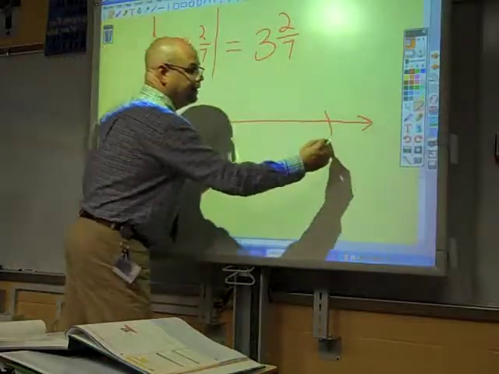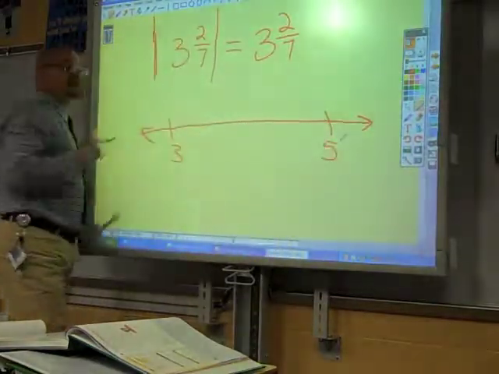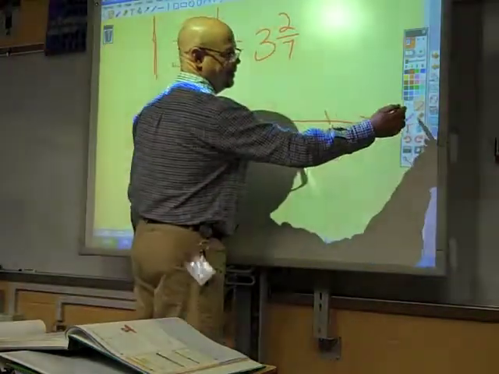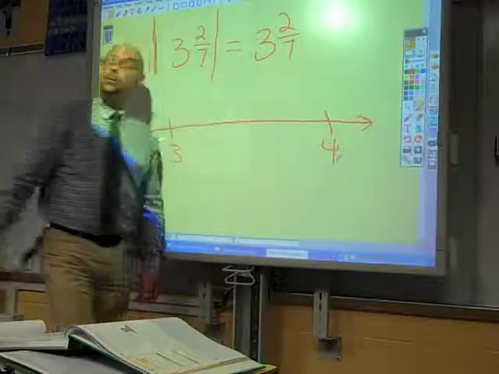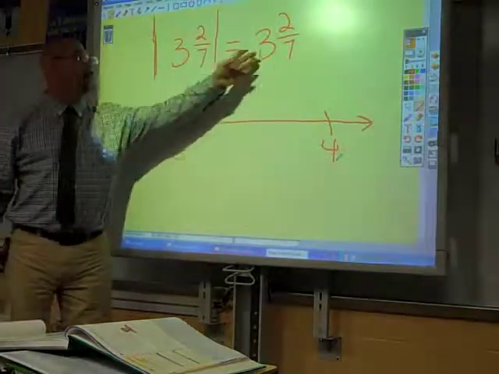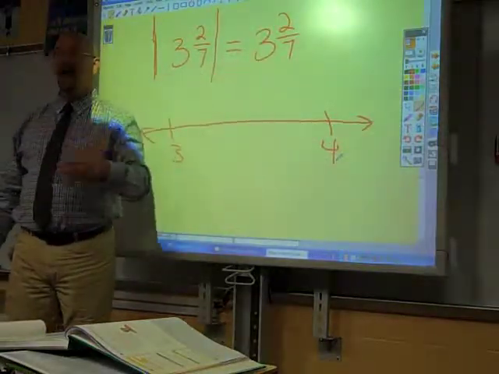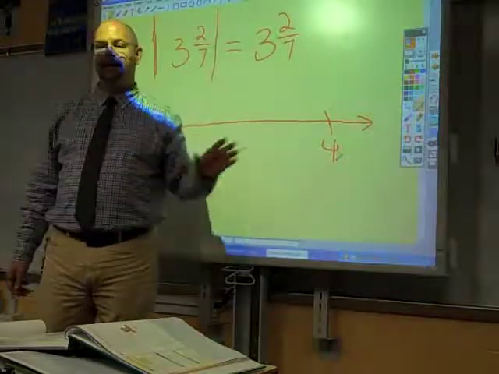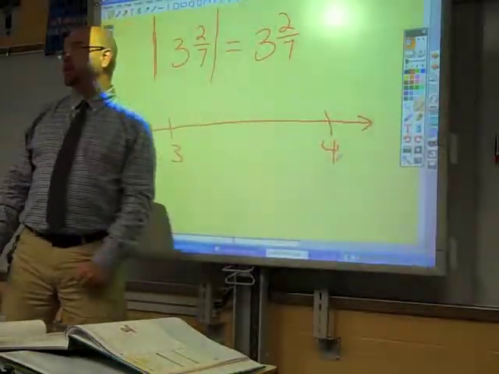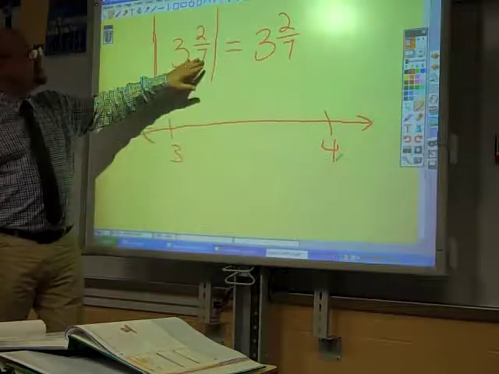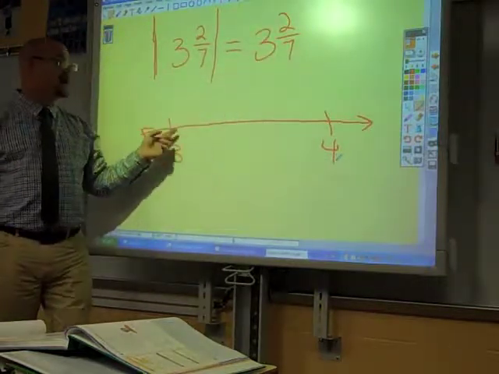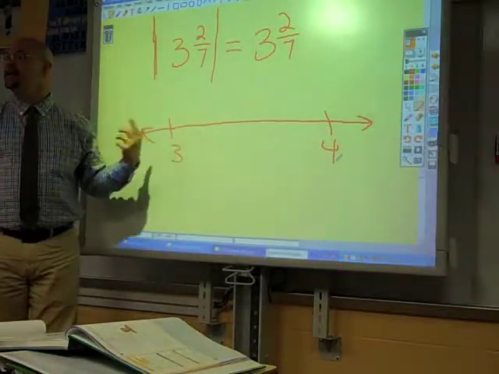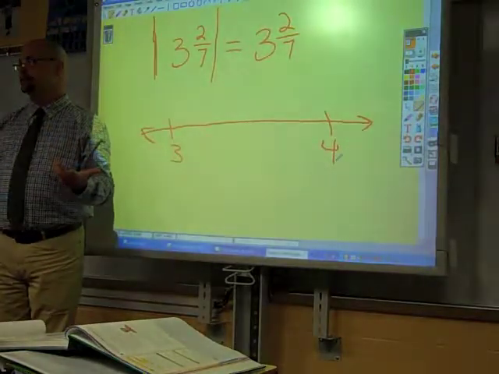Notice I'm making the distance between 3 and 4 really big, because I want to place this accurately. I want to know exactly where it lives in between those two numbers. So if this is 2/7, I could choose to divide this space up pretty logically to make my job easier.